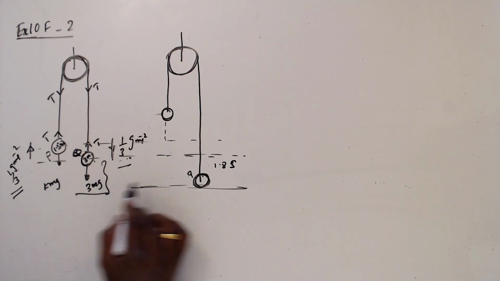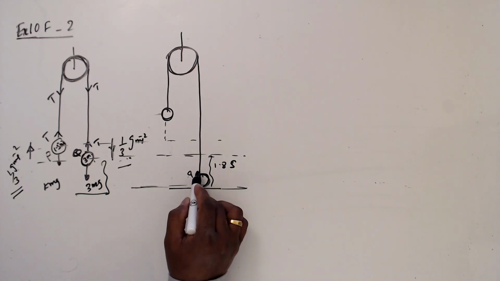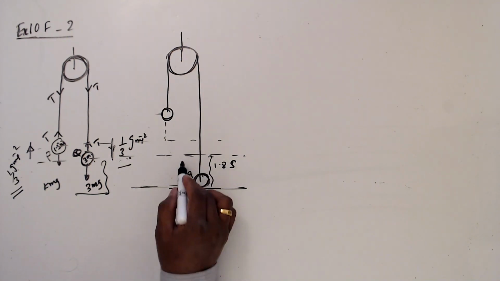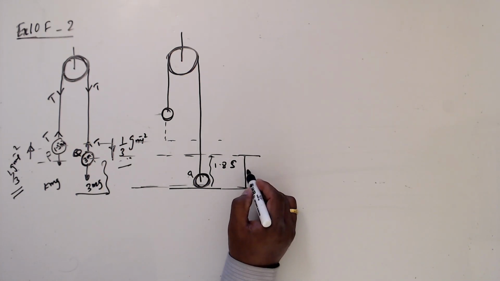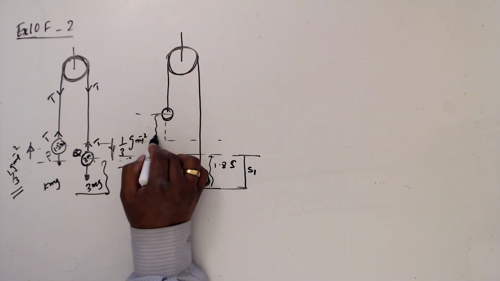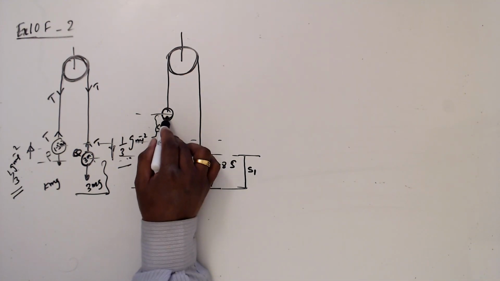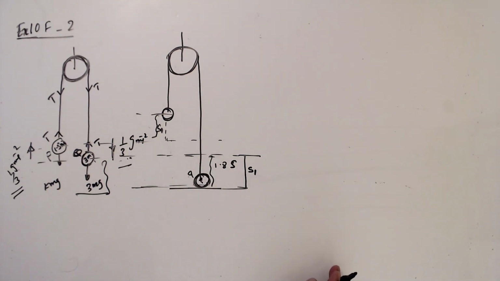So 1.8 seconds and it hits the ground. Assume the distance travelled is S1, then this particle also moves S1 distance upward. And at the time when it strikes the ground, the tension becomes zero.